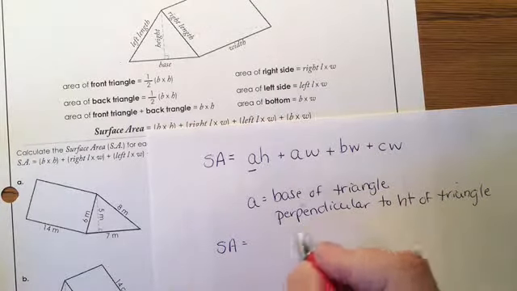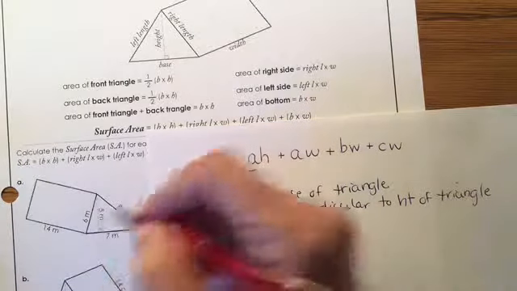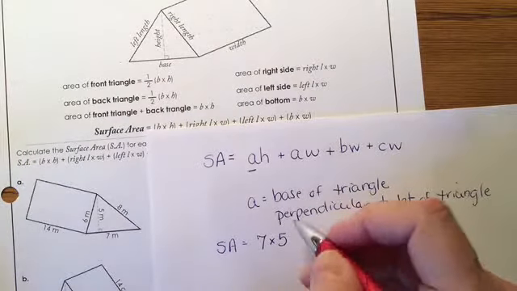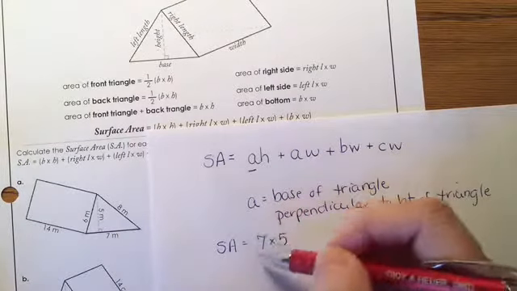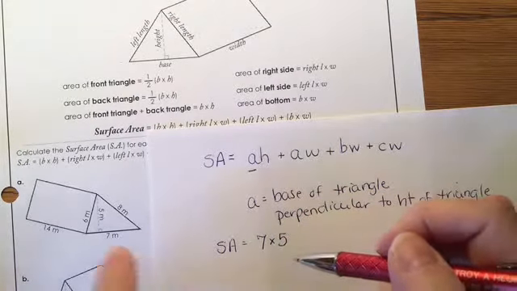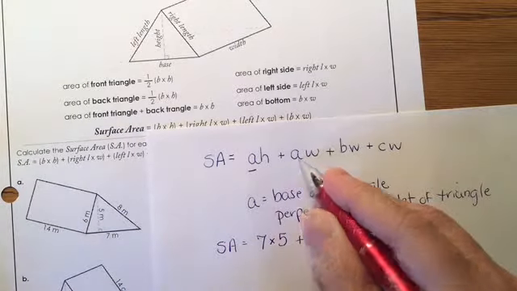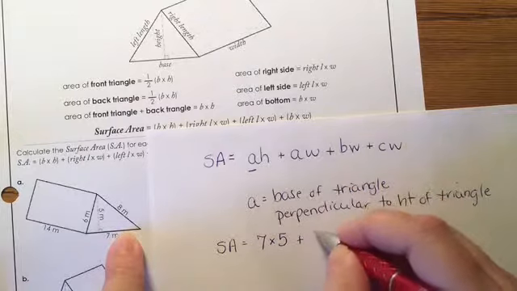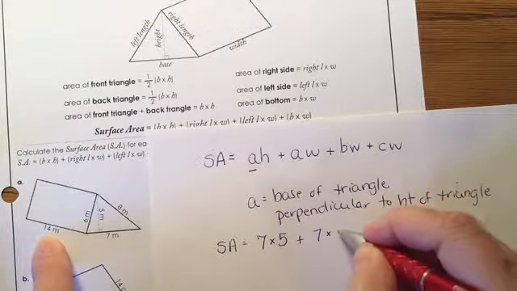Now, we said A is the base, 7, times height is my 5. And remember, I'm not doing the 1/2, even though it's a triangle, I'm not going to show my 1/2 because I end up multiplying it by 2 and that cancels out. Plus, now A is still my base of my triangle, 7 times width between the two is my 14.